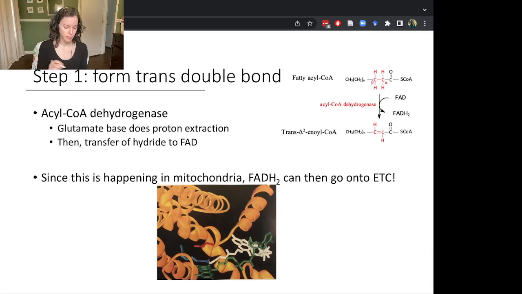Step 1, acyl-CoA dehydrogenase oxidizes our acyl chain and forms a trans double bond. Comparing the top structure to the bottom structure, you can probably see this.